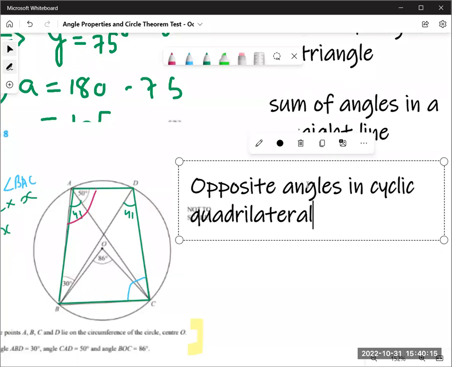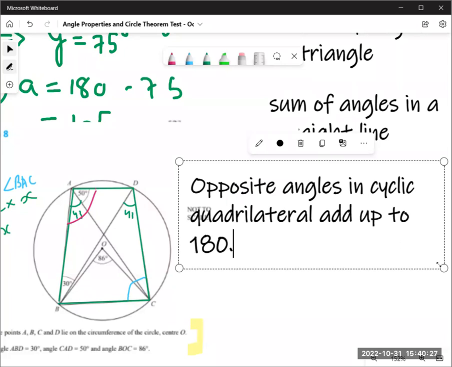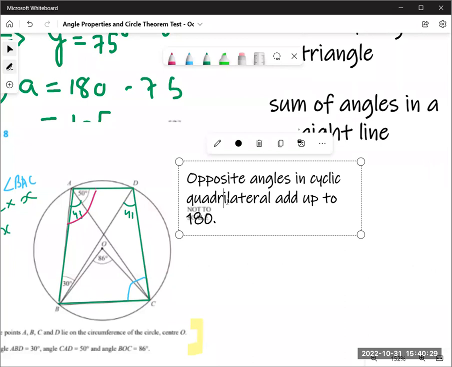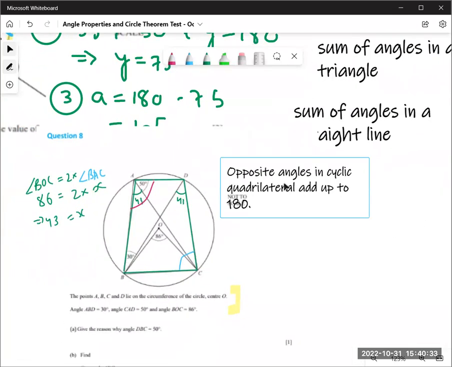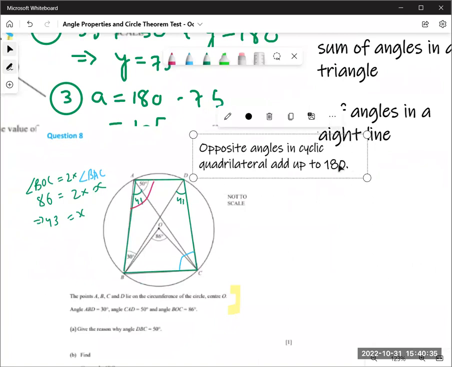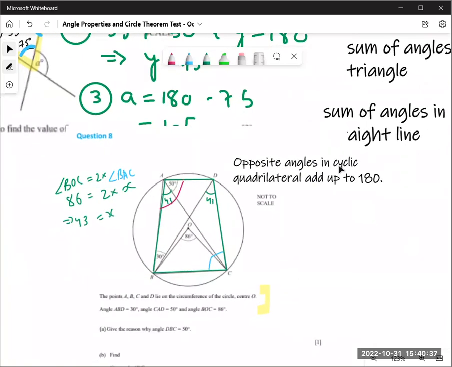Sumaya, read the rule. Add up to 180. Now check your notebook for this. Rule number 5. Cyclic quadrilateral. Now, Sumaya, read the rule. Opposite angles in a cyclic quadrilateral add up to 180.